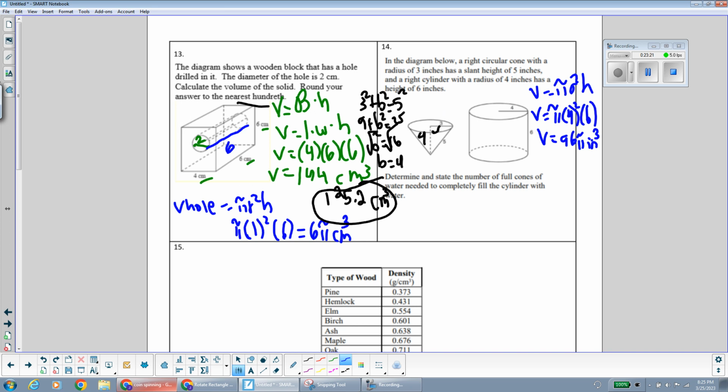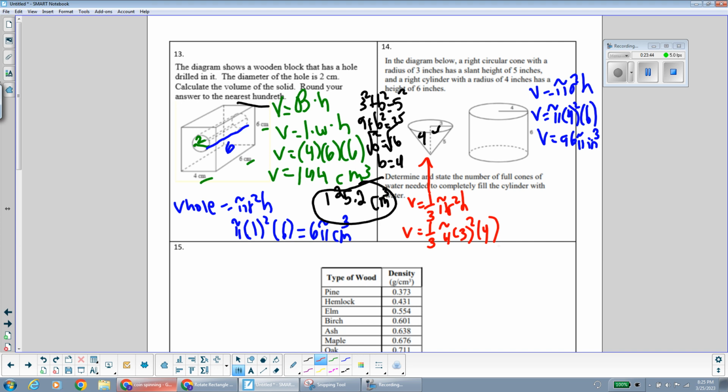Okay, now I've got to find out how much the cone can hold because I want to find how many cones can go into the big cylinder. So the cone formula is 1/3 pi r squared height. So plugging in, the radius is 3 and the height is 4.